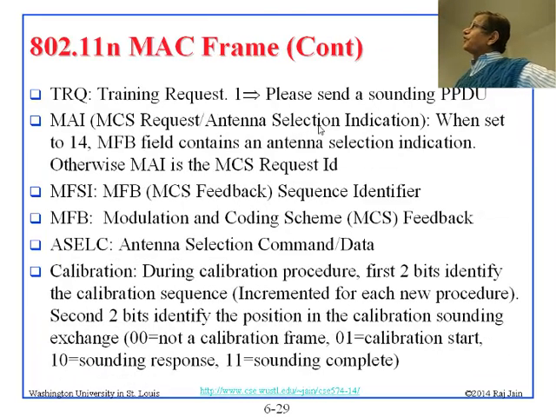When this number is 14, then the feedback field, MFB, contains the antenna selection indication, that I selected antenna number 3. So you can figure out, basically, for all the antennas, the antenna selection indication. Otherwise, it is the MCS request, the modulation and coding that I want you to use. All the codings are numbered from 1 through 127 or something like that.